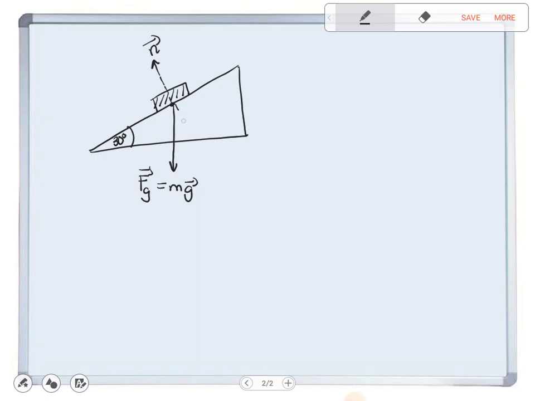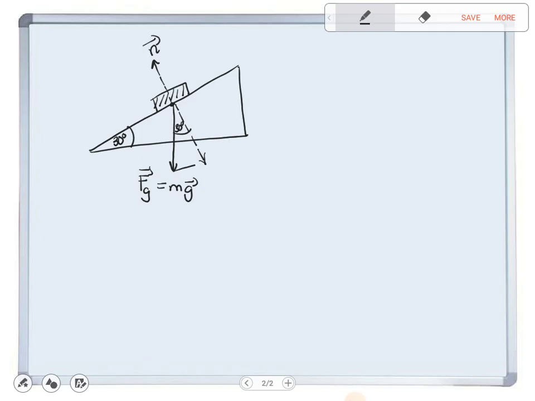But if we extend this, you discover that there will be another line which is in the same position but in the opposite direction as the normal. That one will help us resolve the forces acting on this sled. Are we together? So this angle here, according to the angle property, is the same as the angle here. They are the same.